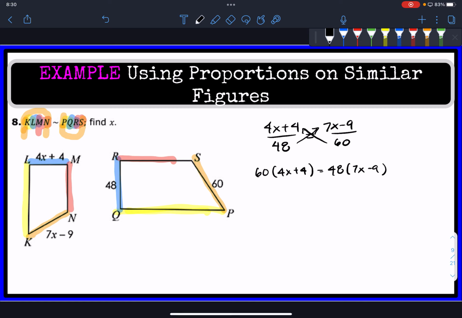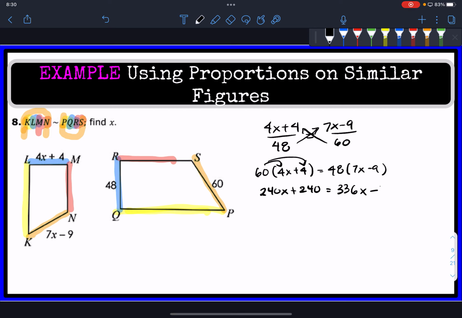So multiplying by 60, that's going to equal 240x plus 240. 48 times 7, that's equal to 336x. And then 48 times 9 is equal to, what does that equal to? 432.